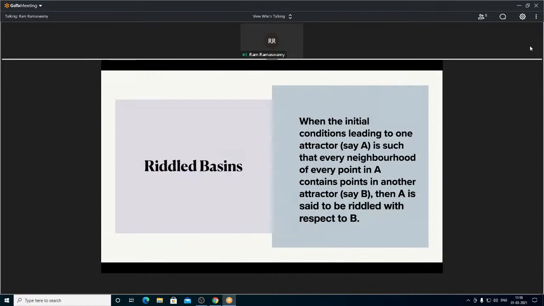Okay. I want to come to this idea of chance that these attractors are leading us to, all right?